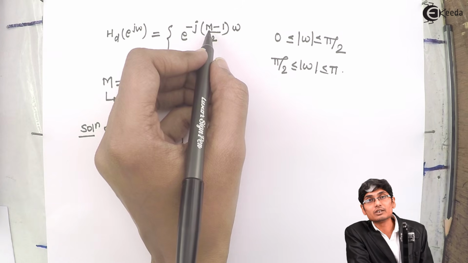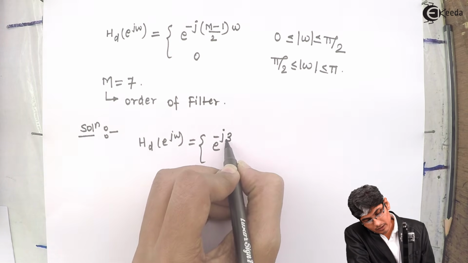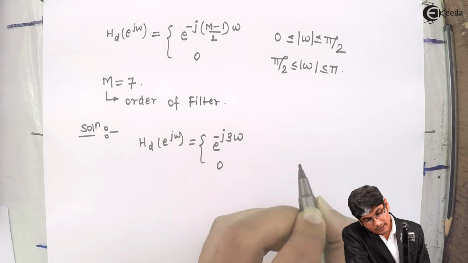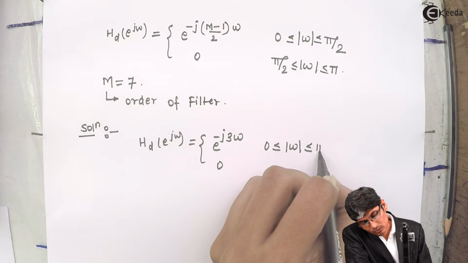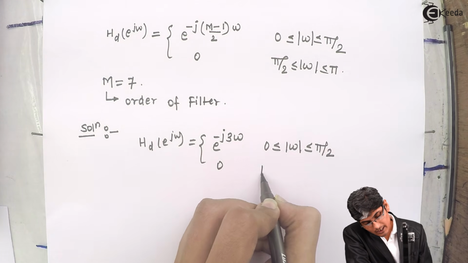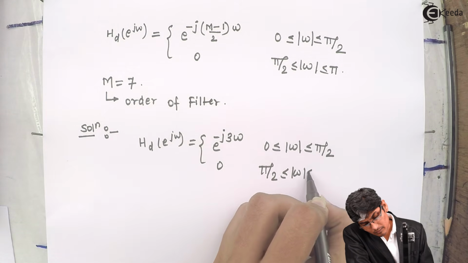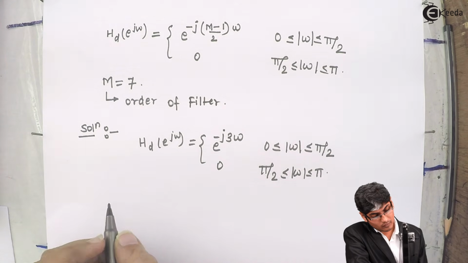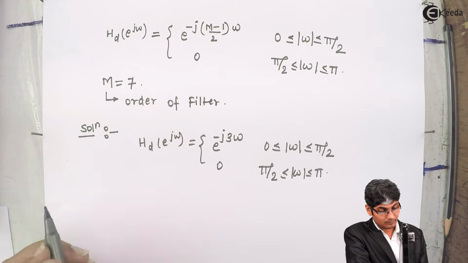When I put 7 over here, it becomes (7 minus 1) upon 2, which is 6 by 2, which is 3 omega, for 0 less than or equal to mod omega less than or equal to pi by 2, and is equal to 0 from pi by 2 to pi. So now we got our Hd of e raised to j omega.